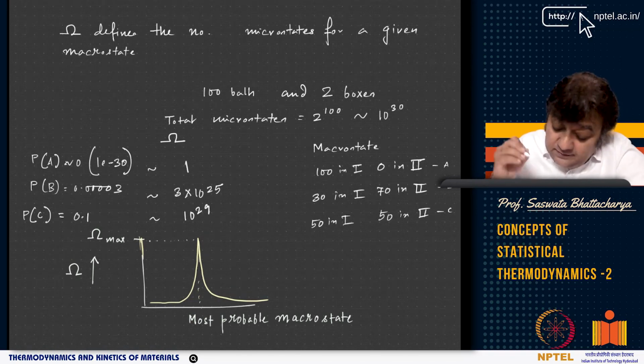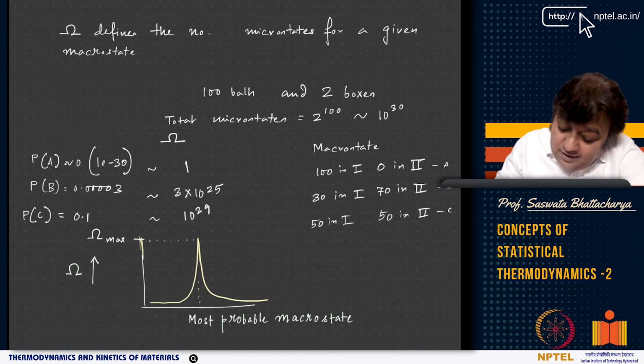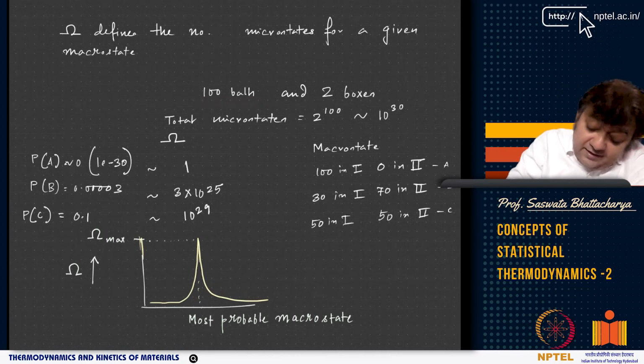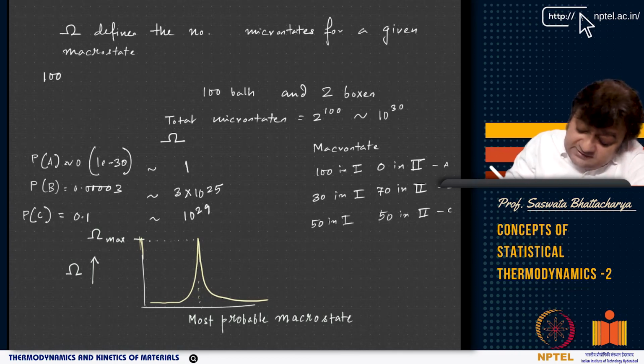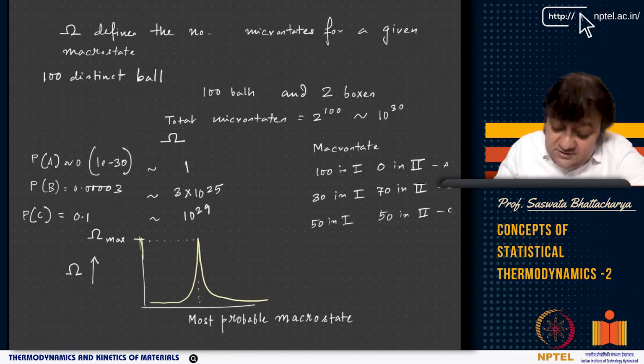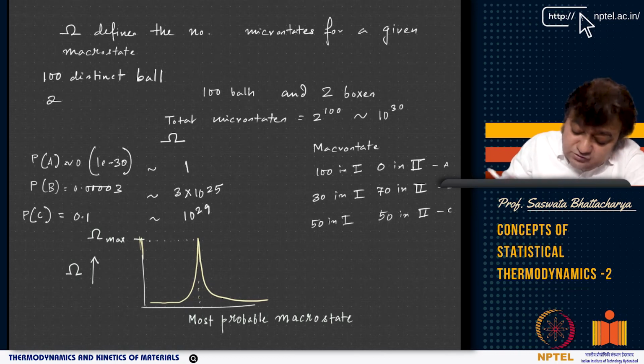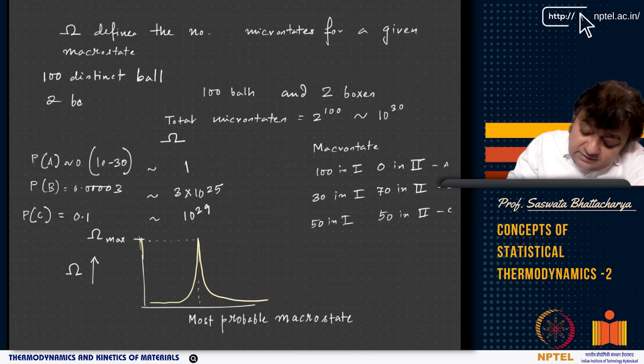So now think of this. I have 100 distinct balls, or distinguishable balls, and I have two labeled boxes, right? Box 1 and box 2. So two boxes that are labeled.